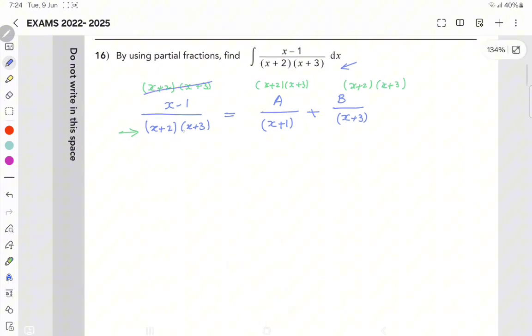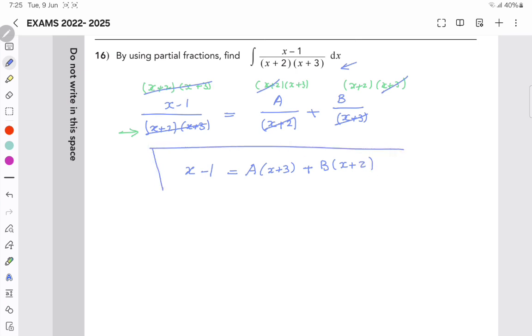That divided by itself is cancelled. So the remaining here will be x minus 1. Here, sorry, it's x plus 2 times x plus 3, so it will be x plus 2 down here. X plus 2 cancelled with x plus 2, so the remaining will be a times x plus 3. Here, x plus 3 cancelled with x plus 3, so the remaining here is b times x plus 2.